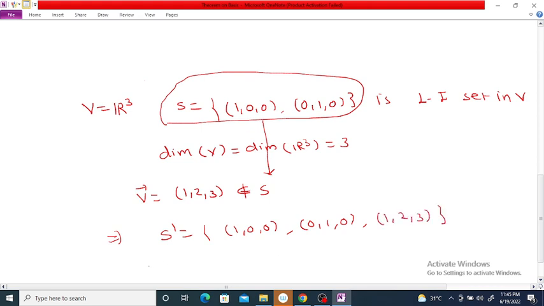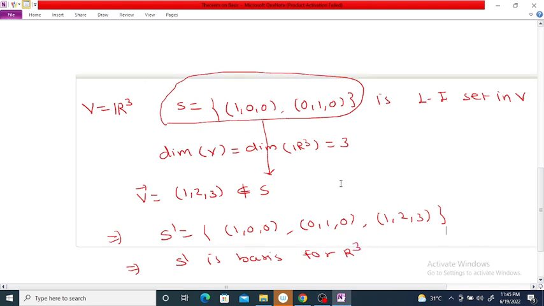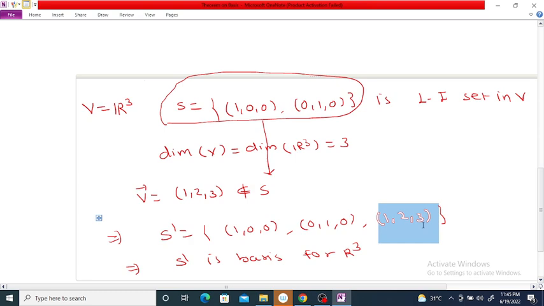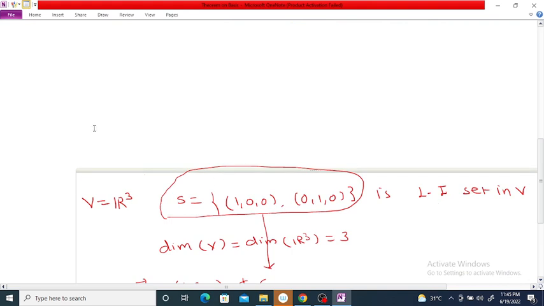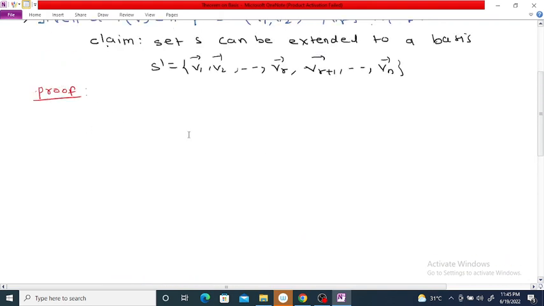Then this set S dash is a basis for R cube. So we are going to select a vector which is outside the set S. The same logic we are going to use here.